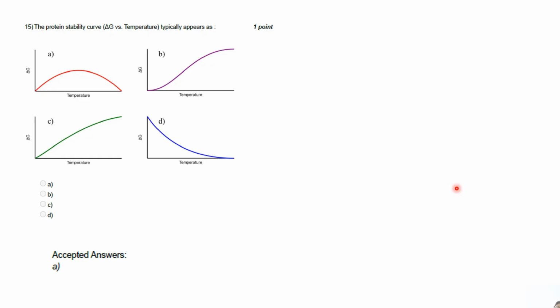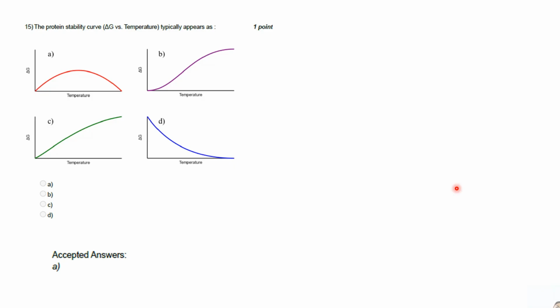In that case, we need to know a little bit about delta G of unfolding. The y-axis will be free energy of unfolding, delta G, and the x-axis will be temperature in degrees Celsius or Kelvin.